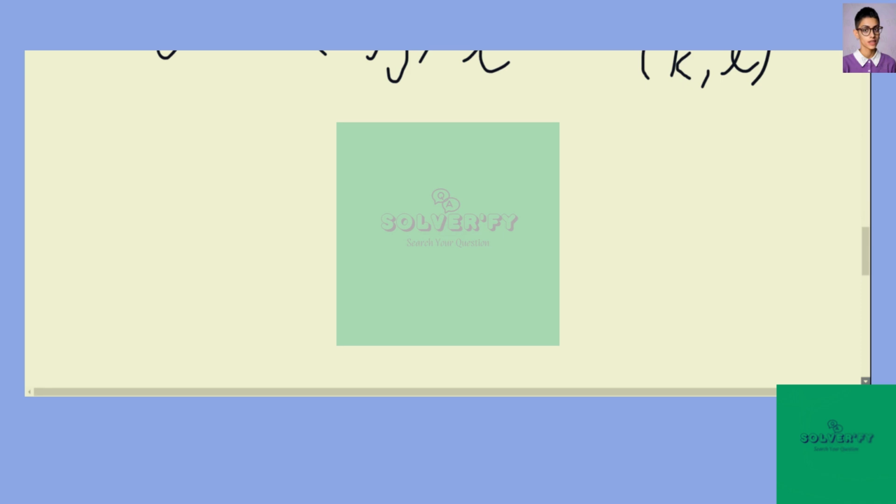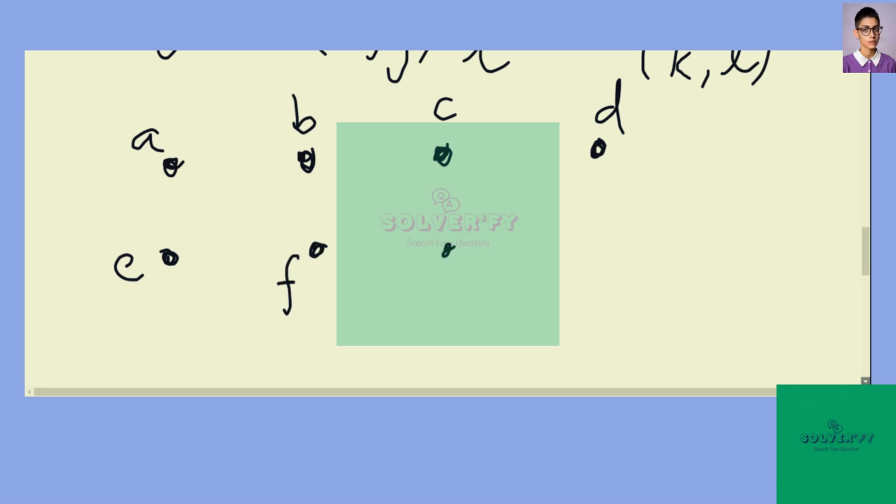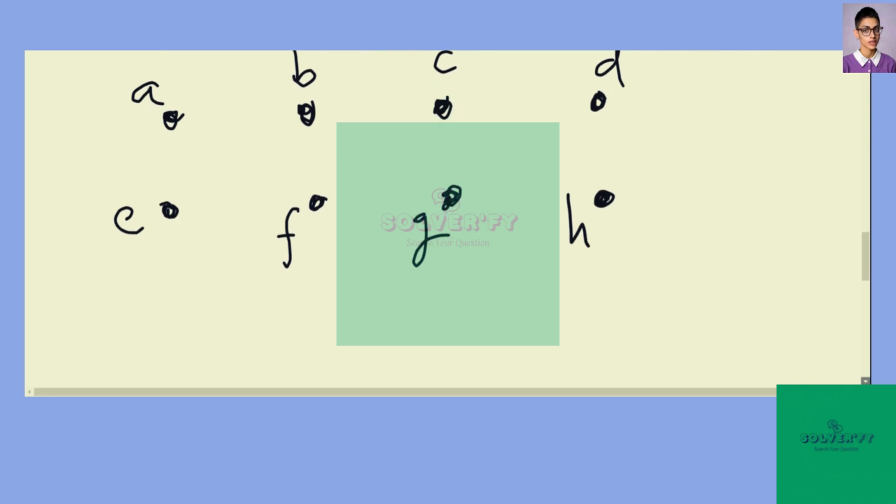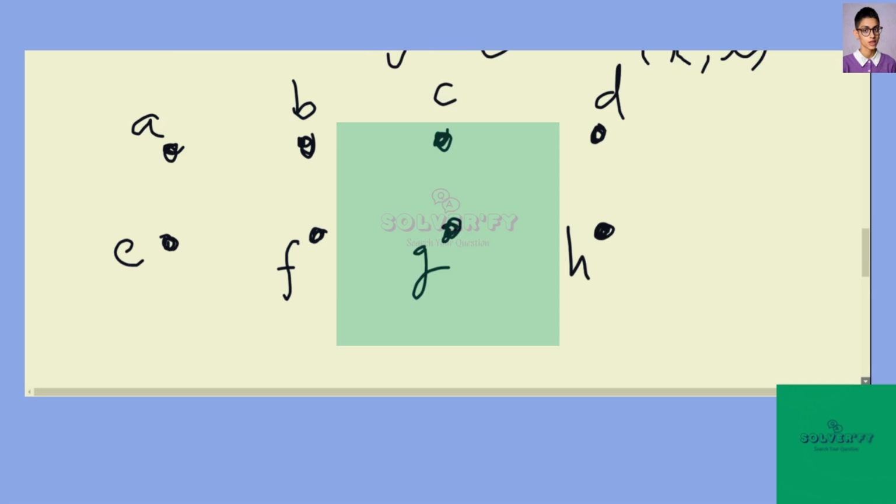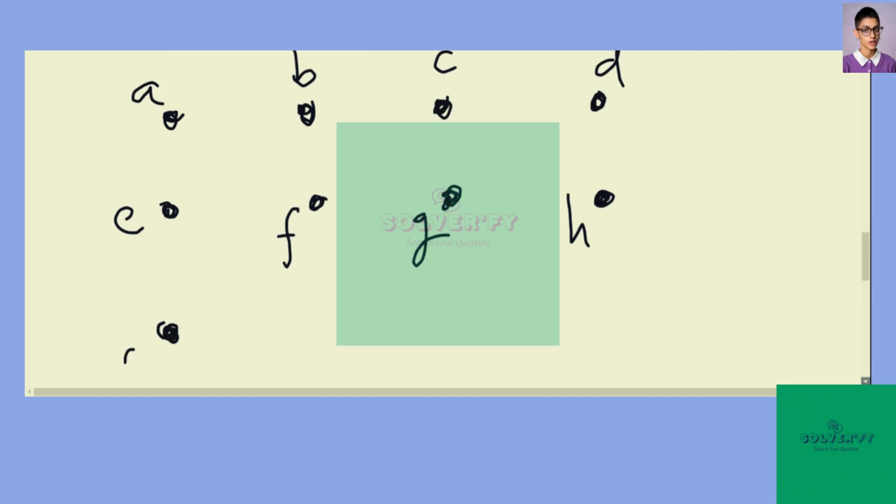So we're going to include the vertices A, B, C, D, and so on, all the way through L. And now I'll fill in the edges.